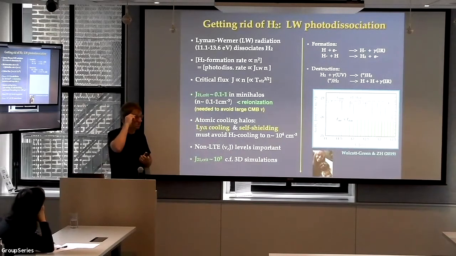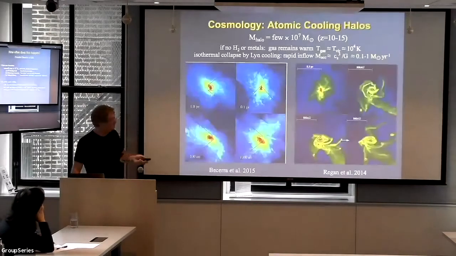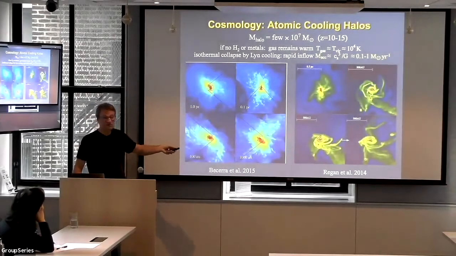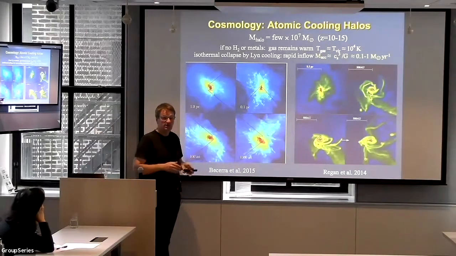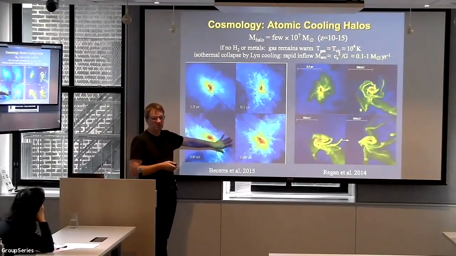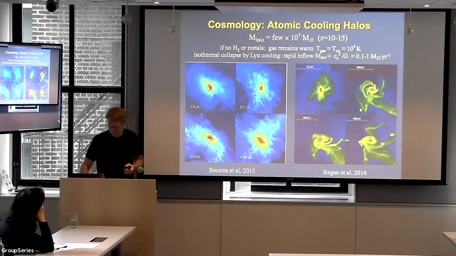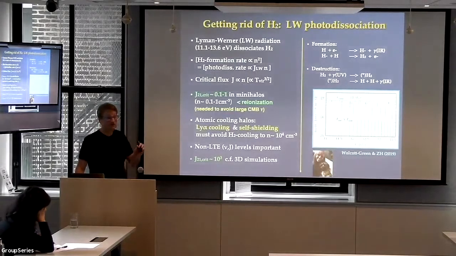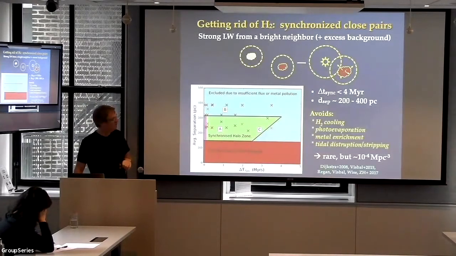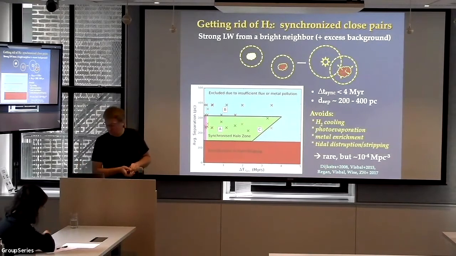Okay, so if you want, again, go back to this galaxy, and you want to assume that molecules are wiped out so that you can maintain this large accretion rate, you have to illuminate with this very large flux. And I think that's basically very difficult unless you have a neighboring galaxy forming at the same time within a few kiloparsec from your galaxy. So I'm going to skip this slide and explanation because it's getting a little late.